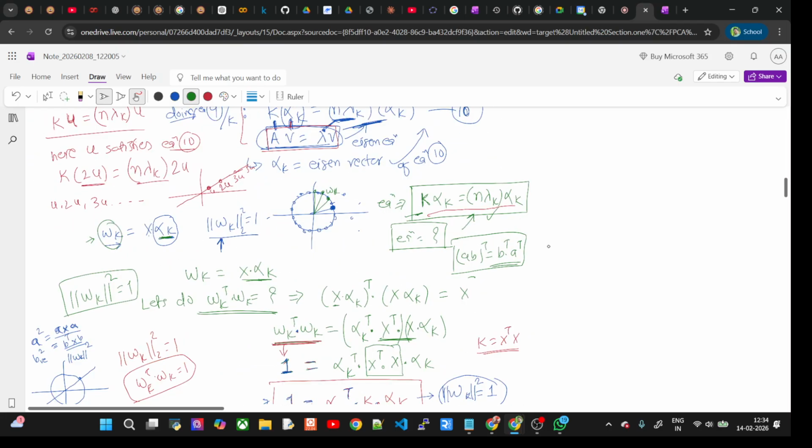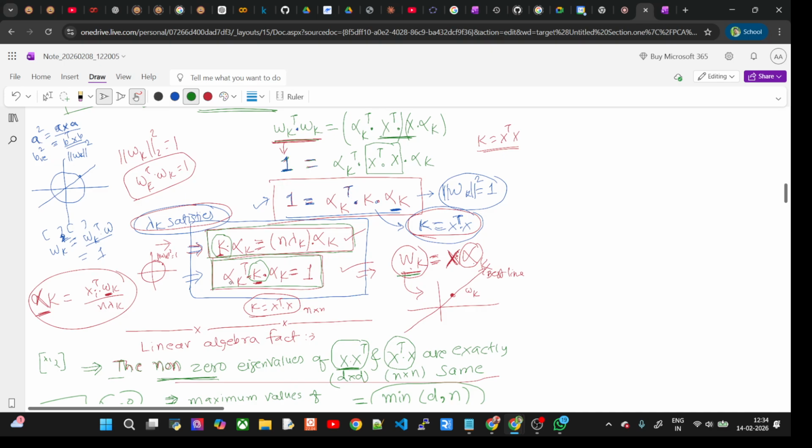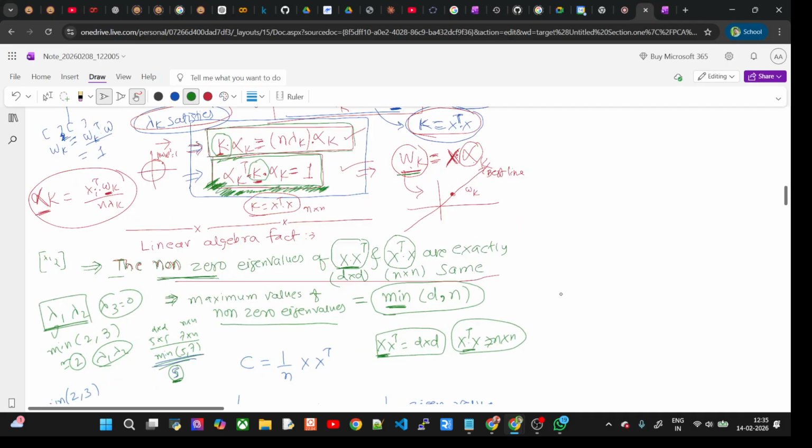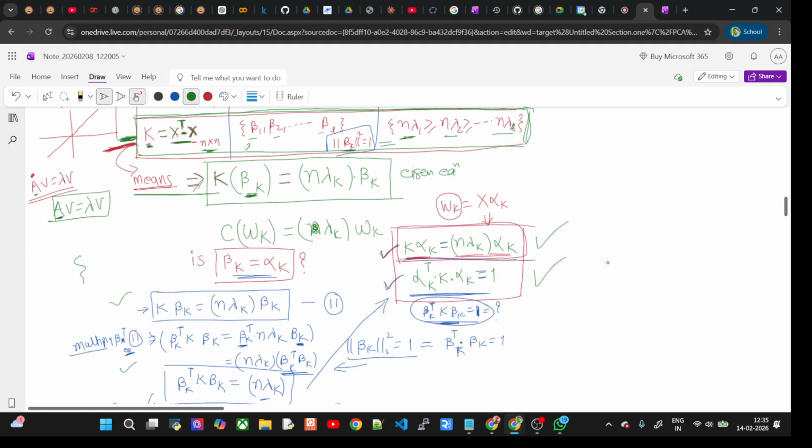Unit length 1 means another equation: alpha k transpose K alpha k should be 1. You have to have these two equations, equation number 1 and equation number 2, for alpha k.